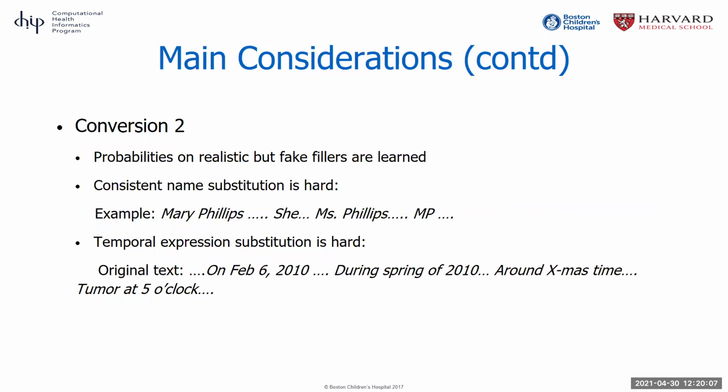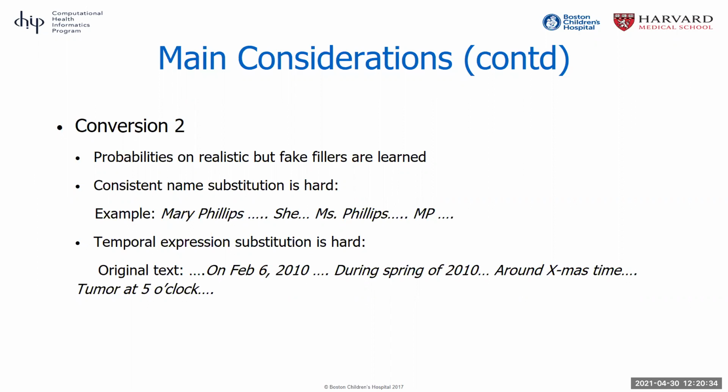The second conversion, which looks pretty good, again has several considerations associated with it. The probabilities are unrealistic, with fake fillers. However, consistent name substitution is very hard.